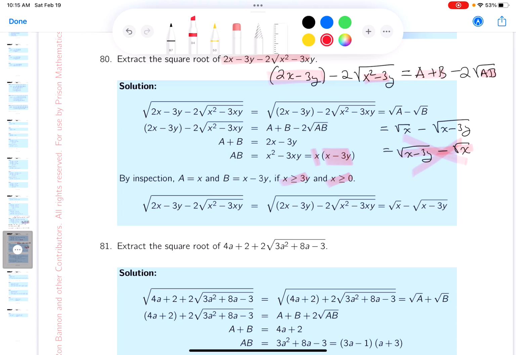There's only one correct answer. And what's that going to be? Root x minus the root of the quantity x minus 3y. This is the only possible answer. Now granted, I understand this can be confusing to write down, but this one just doesn't bode well. All right? By the way, these conditions need to be met for those to be real numbers. Thank you.